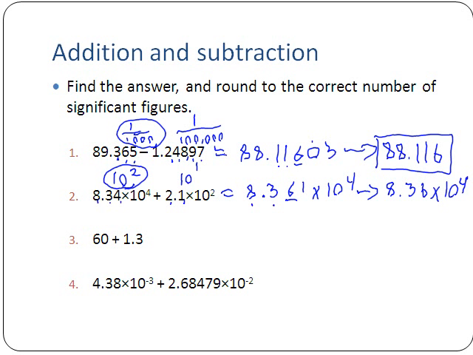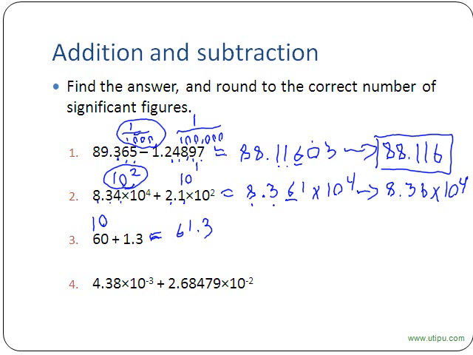Look at our next one, 60 plus 1.3. Ooh, don't need a calculator for this one. 60 plus 1.3 is going to be equal just to 61.3. Very nice. And so, taking a look at this, on the 60, first question, is that last zero significant? It's trailing, it's to the left of the decimal, so it's not. And so the least significant place here is the tens place.